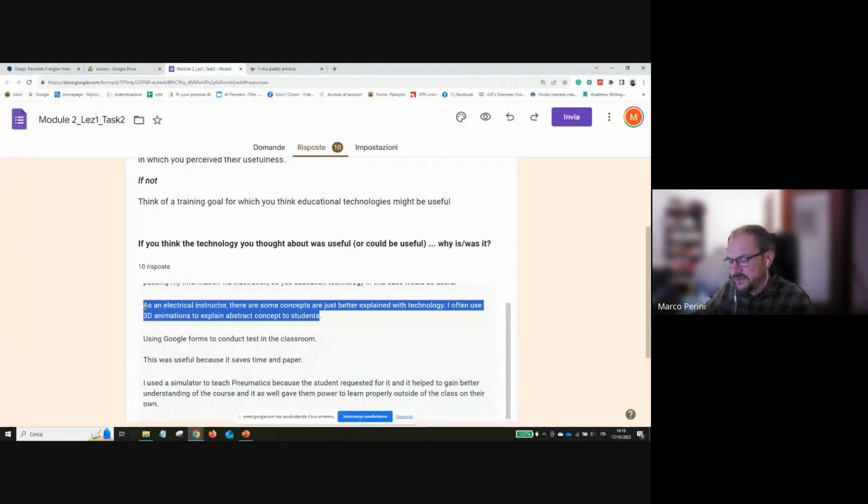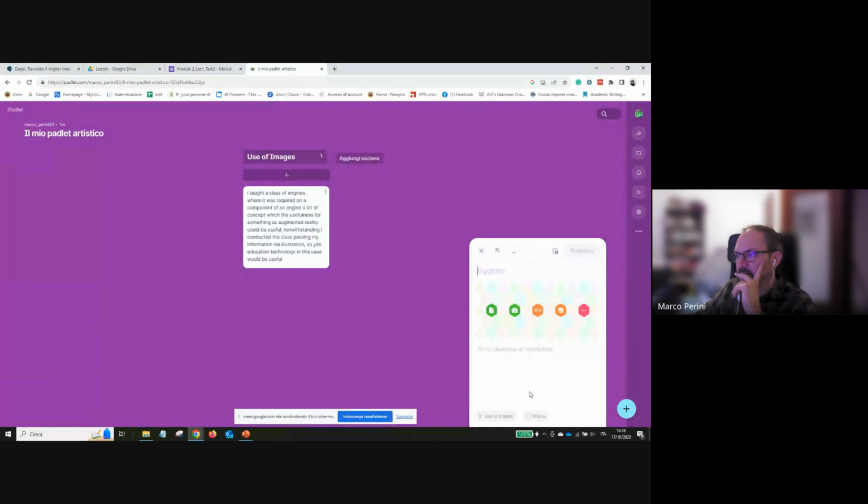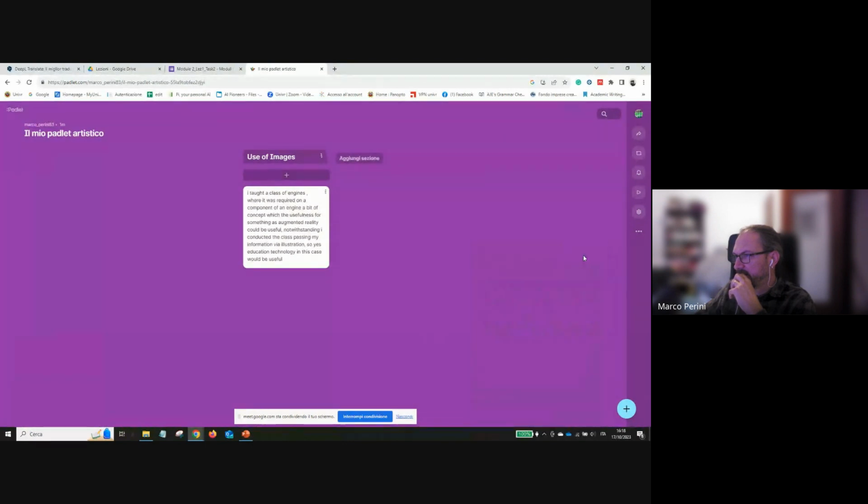Really good, interesting, and I think that we can add this to this column of concepts, because in this case it is also related to the use of images, but not only images, maybe simulations.